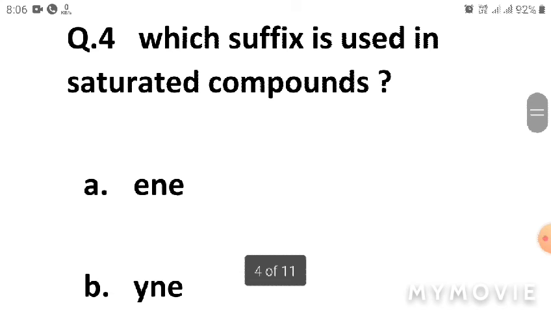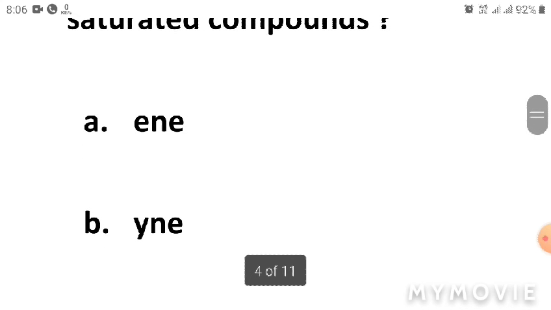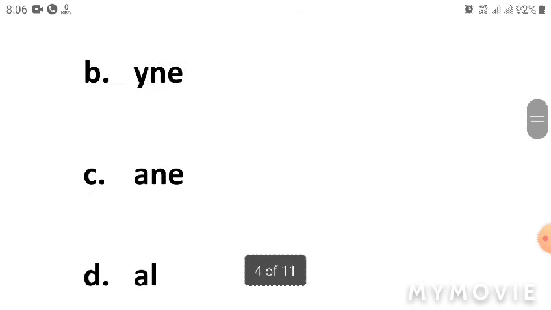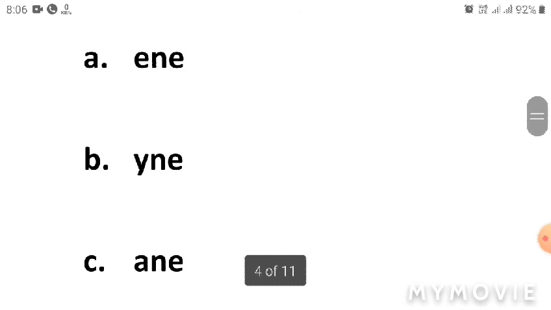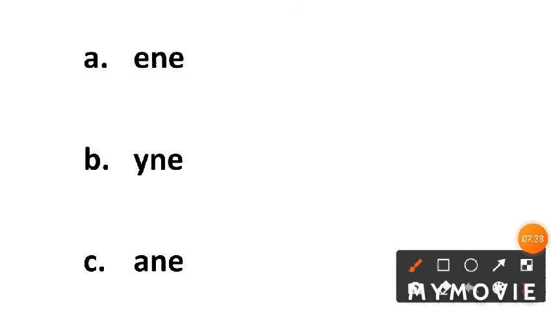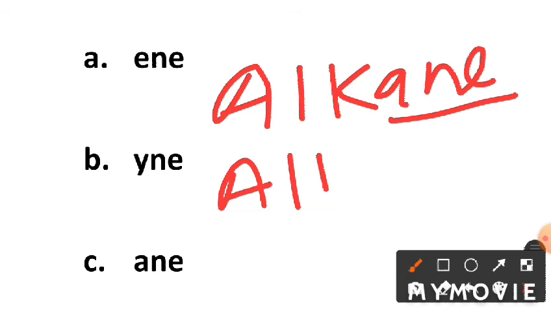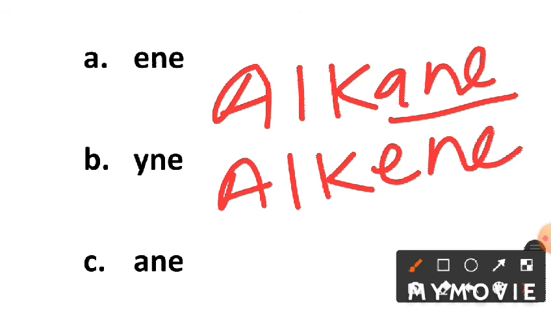Here options have been given: A. ENE, B. YNE, C. ANE, D. OL. Saturated compounds are of one kind, alkane, so its suffix is ANE. Unsaturated compounds are of two kinds, alkene and alkyne.